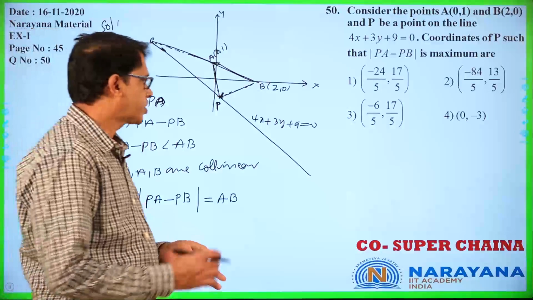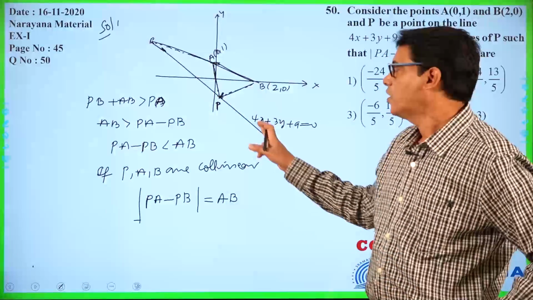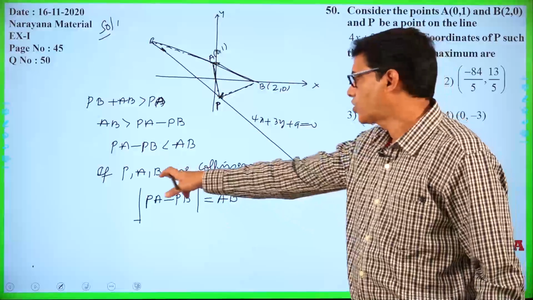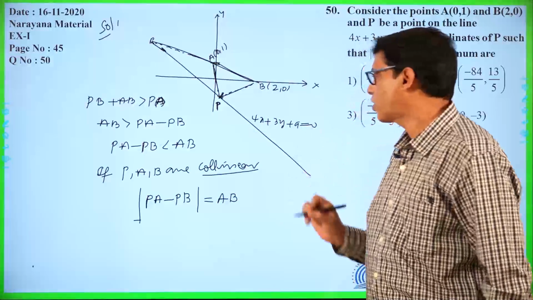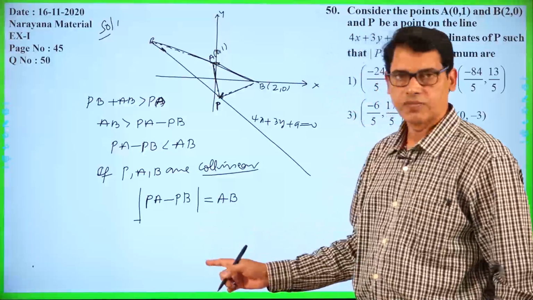So you must get an idea of this one. When we have the maximum possibility, if the points are collinear, then PA minus PB will be maximum.